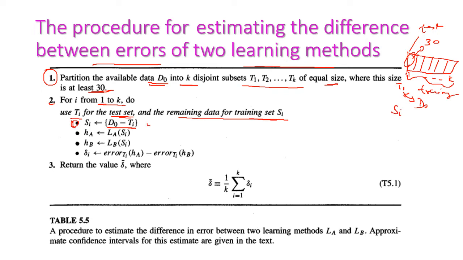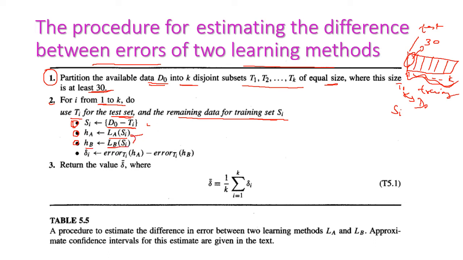These are the sample training set and the hypothesis hA, which is equal to the learning algorithm LA of Si. So on this Si we have to perform the hypothesis test. Simultaneously we have to perform the learning algorithm, that is hypothesis hB, which is equal to LB of Si.